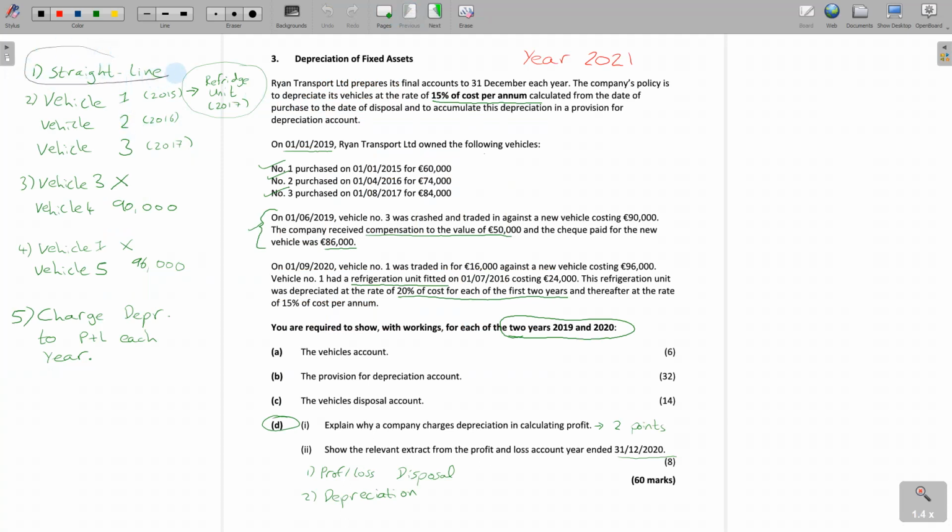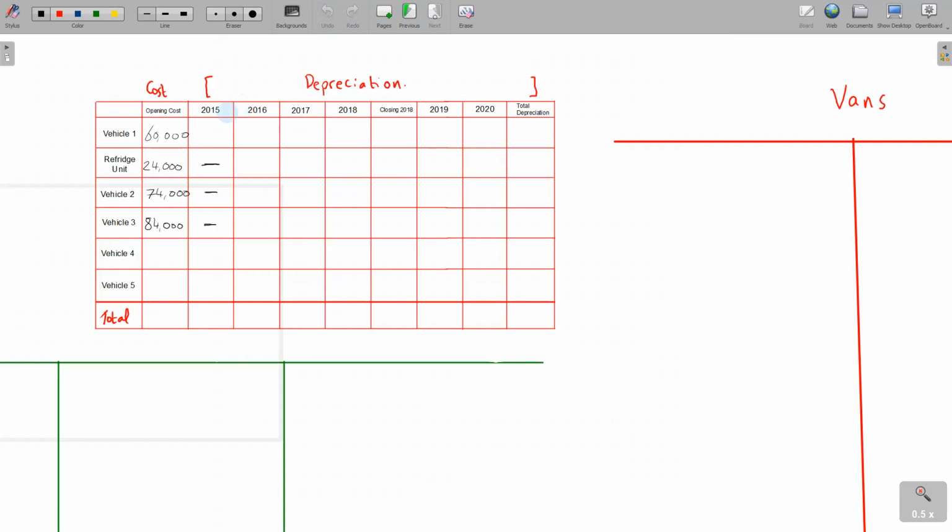So remember, straight line method, 15%. So that is 15% of 60,000, and that is 9,000 euro. So I might just use blue for depreciation. So 9,000. Perfect. As of now, the total is only 9,000 because we don't have anything else.